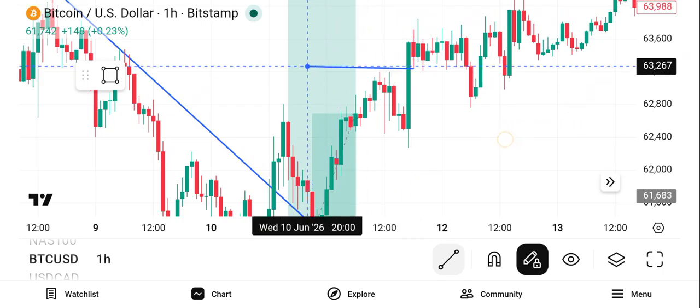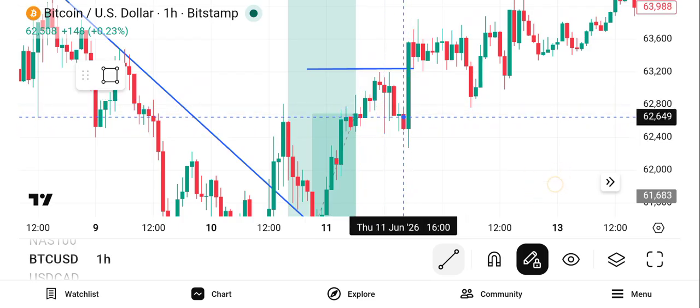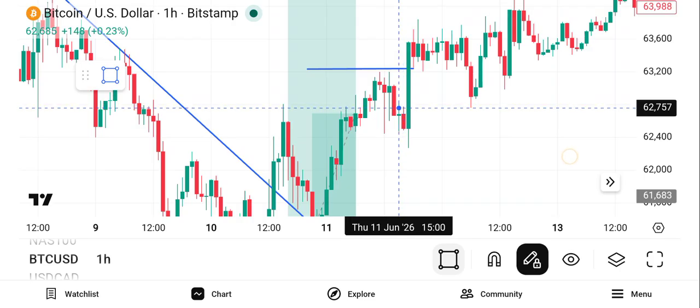This is the inducement. You can see this is a valid inducement. So after that, what happened? We have an order block on this chart. So this is the second strategy that we use.